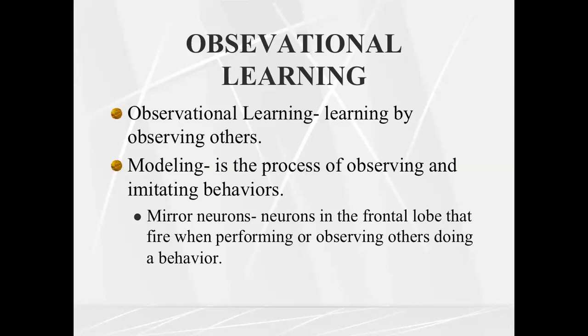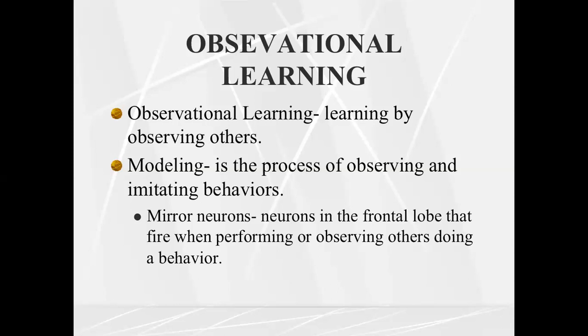Now, when modeling occurs, there's something called mirror neurons in the frontal lobe that are active, right? So anytime we observe and emulate the behavior of others, these neurons in the frontal lobe are going to fire. I said there's another word for observational learning, which is called vicarious learning or learning from others.